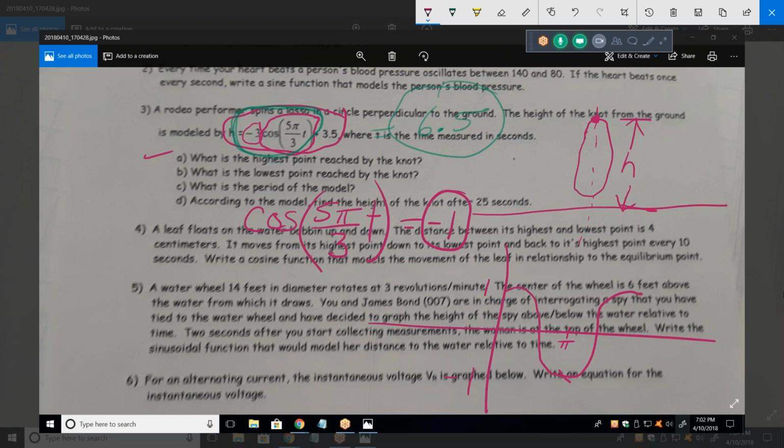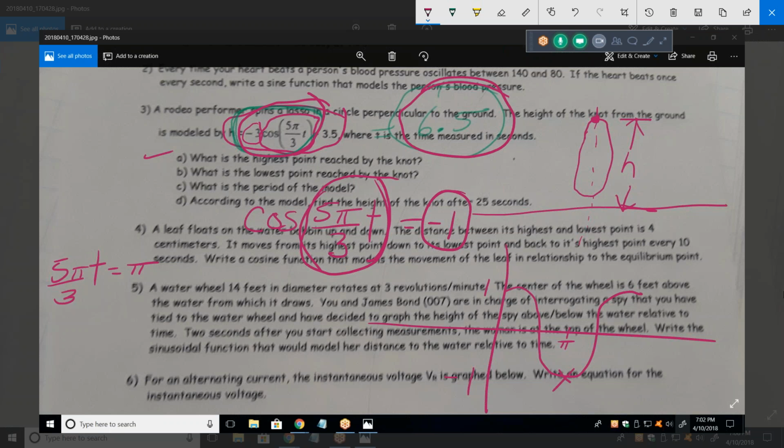So we're looking for this point right there, which means the inside of the parentheses, 5 pi over 3 times t, we want that to be equal to pi, because the cosine of pi is minus 1. And minus 1 will make that total plus 3, added to 3.5 will give you a total of 6.5. There's no way that rope is getting higher than 6.5.